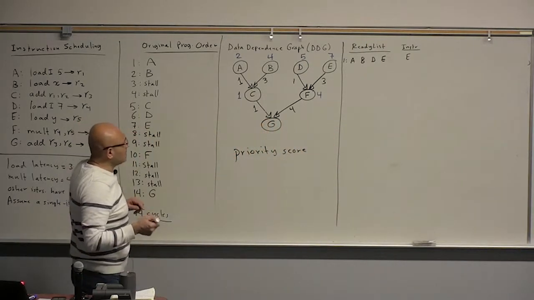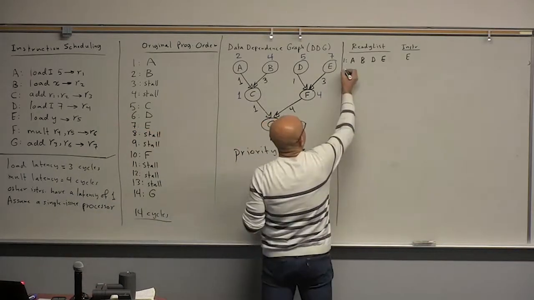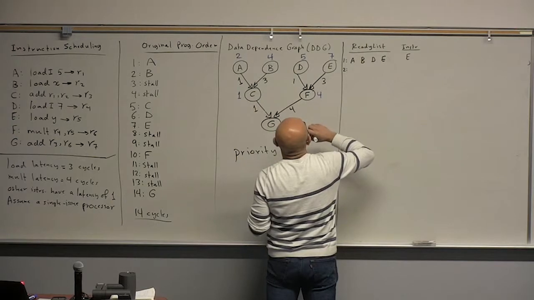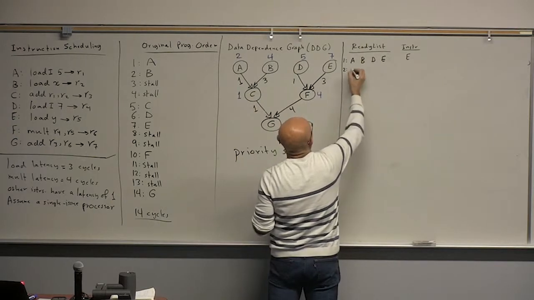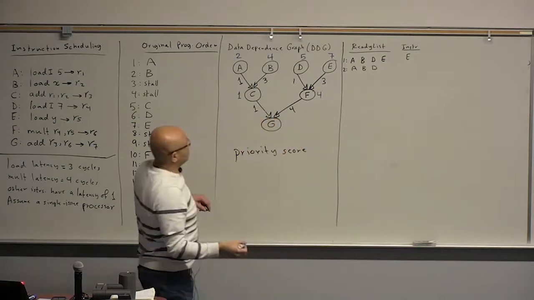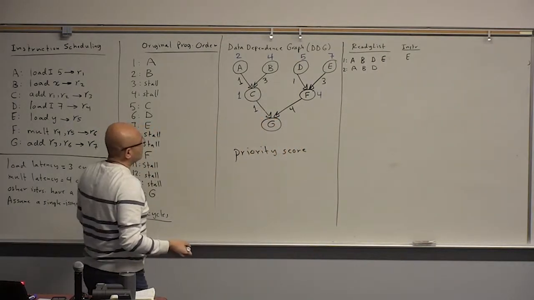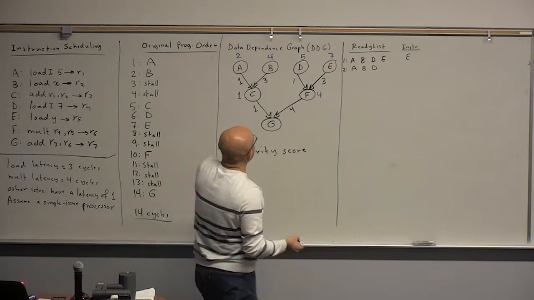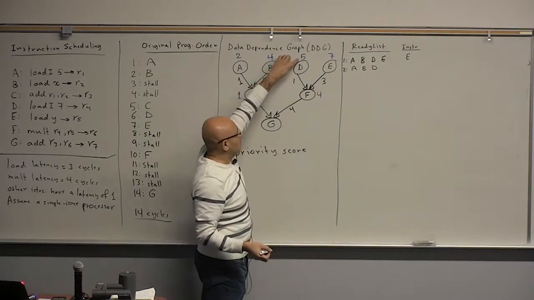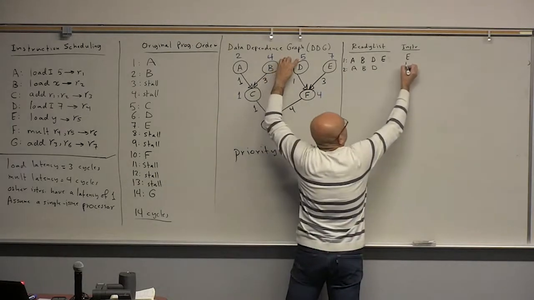Okay, so we select E. Now in cycle number 2, what do we have ready? A, B, and D. So we select B or D. D has a higher score, so we select D.